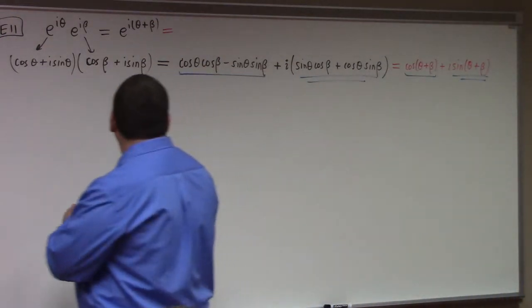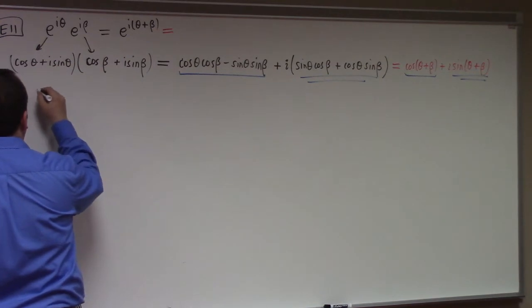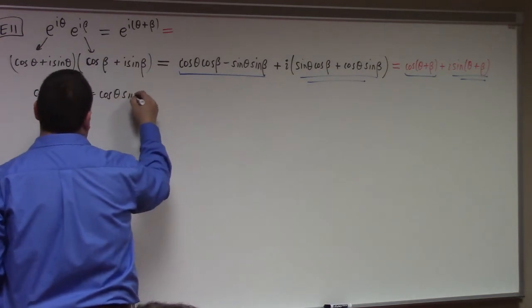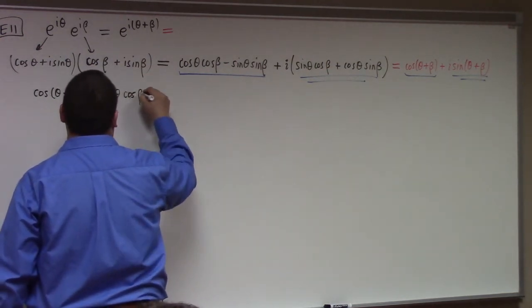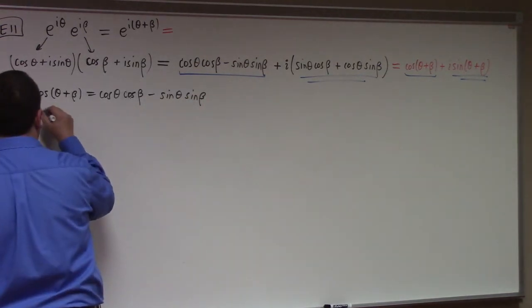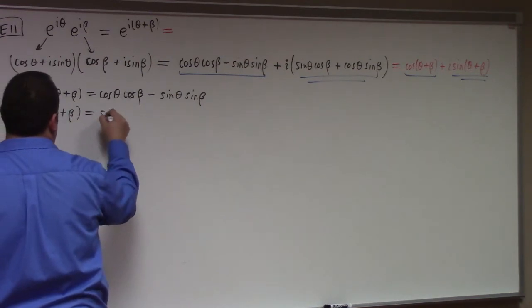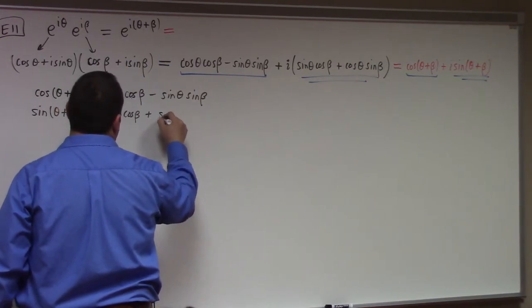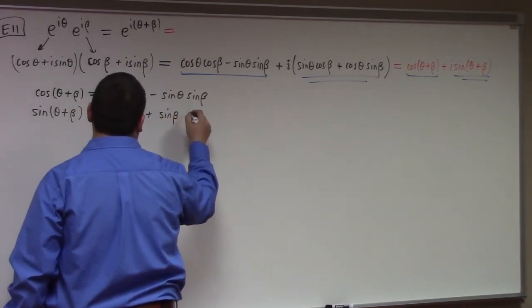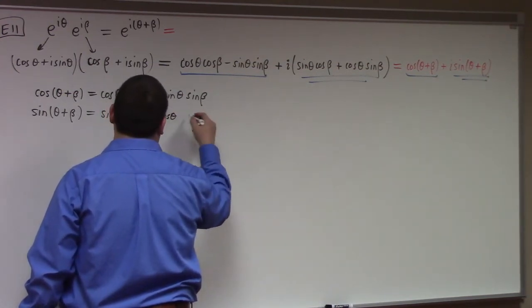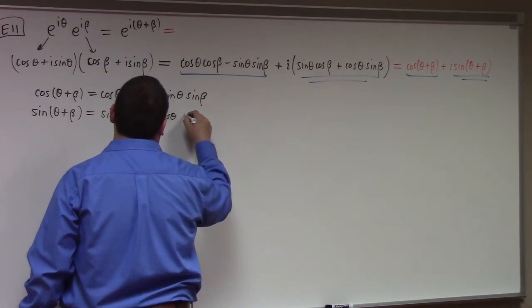So these you should know for sure. We need these sometimes. Cosine of theta plus beta is cosine theta cosine beta minus sine theta sine beta, and the sine of theta plus beta is sine theta cosine beta plus cosine theta sine beta.